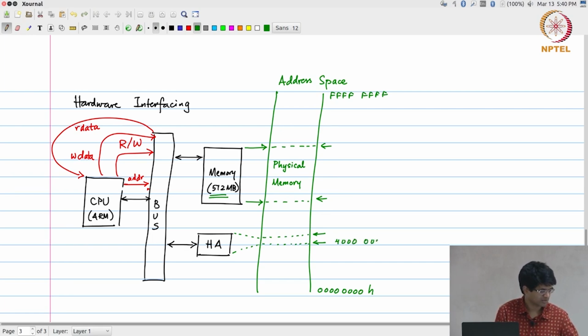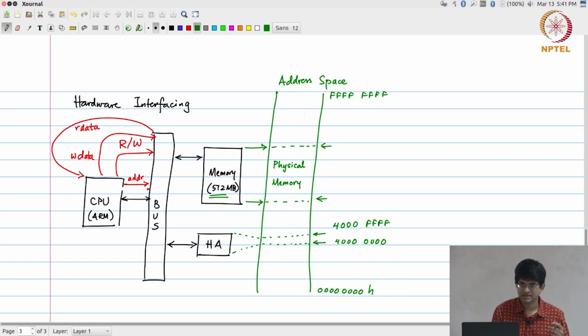There will be some 4 followed by all zeros, and some upper limit which is again 4000 followed by, let us say, FFFF. Effectively, any address in this range, 4000 up to 4000 FFFF, corresponds to this particular hardware accelerator. If I had another hardware accelerator, it would go into another range of the memory.